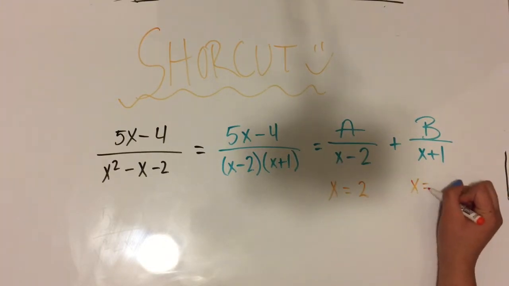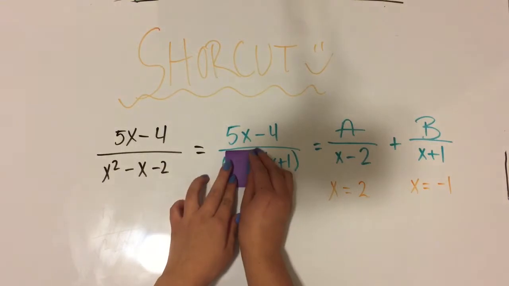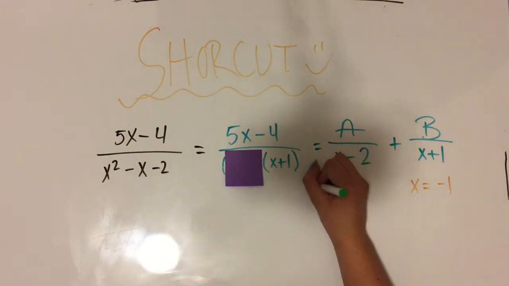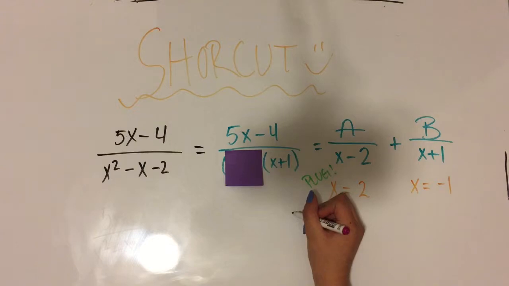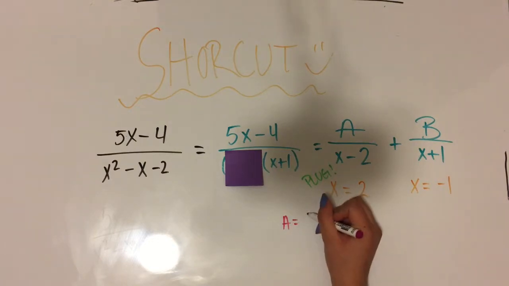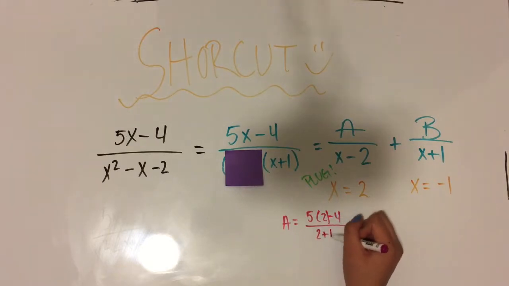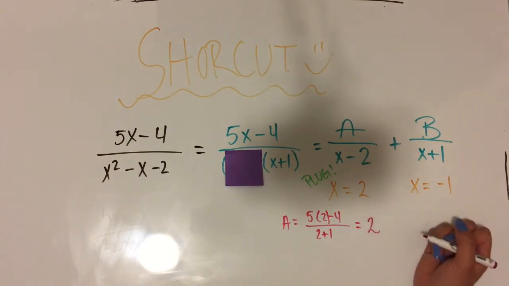And then you find the zeros. Now you will cover up x minus 2, because if you plug in the 0 there, it will equal 0. So then all you have to do is plug in 2 into 5x minus 4 over x plus 1.